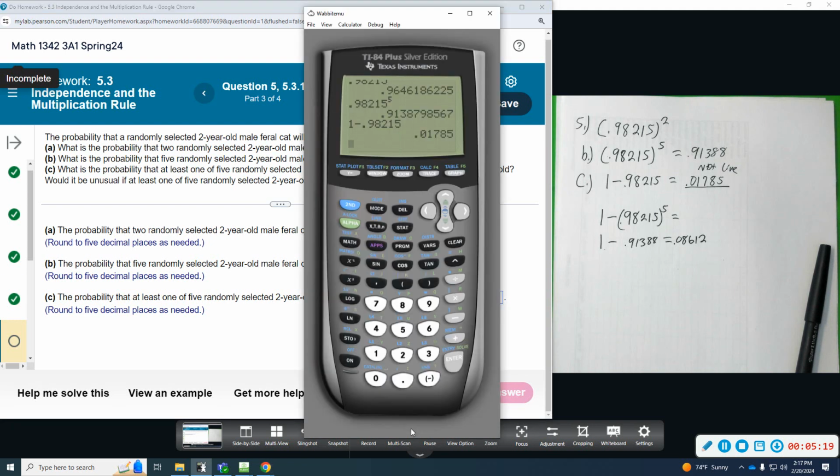And let's just double check that as well. 1 minus 0.98215 raised to the 5th, 0.08612. That's what we got there.